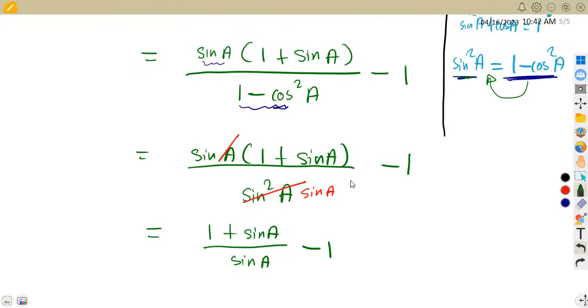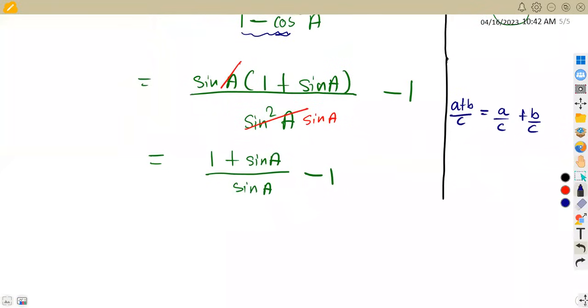Take note that from our fractions, remember I talked about this a lot of times, if you are given A plus B over C, as a single fraction, it can be separated as A over C plus B over C. Meaning we can separate this fraction into 2.